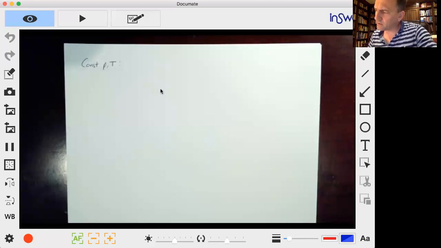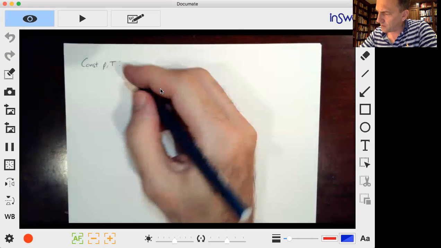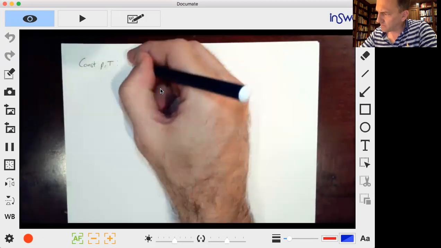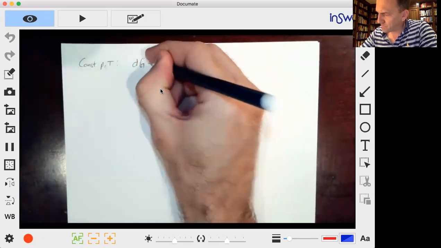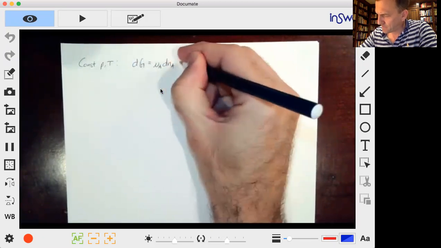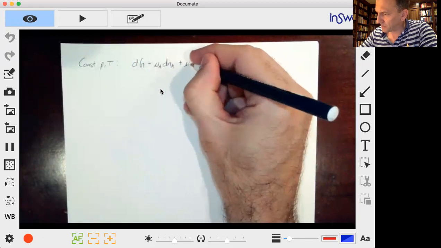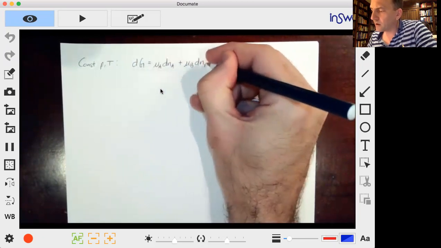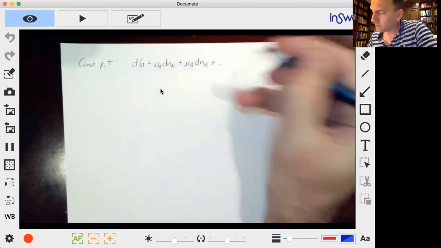Okay, now let's take a look at what happens to dG if we hold P and T constant. So now the dP and the dT terms go away, and dG is going to look like this, which again recovers the equation that we saw on the previous page.